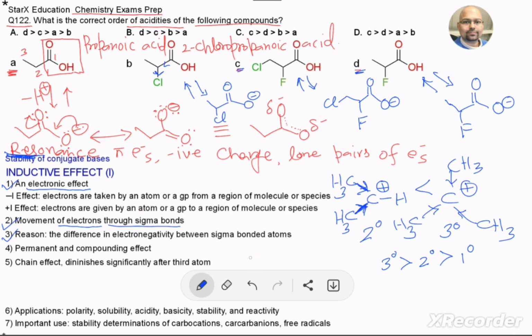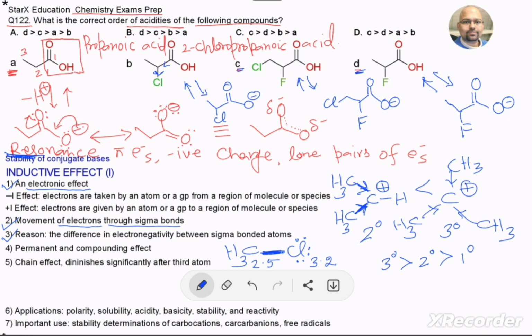If you see the electronegativity, the carbon's electronegativity on Pauling scale is about 2.5 and Cl's electronegativity is about 3.2, and that's the reason Cl being more electronegative, this shared sigma bond does not have an equal share of electrons.